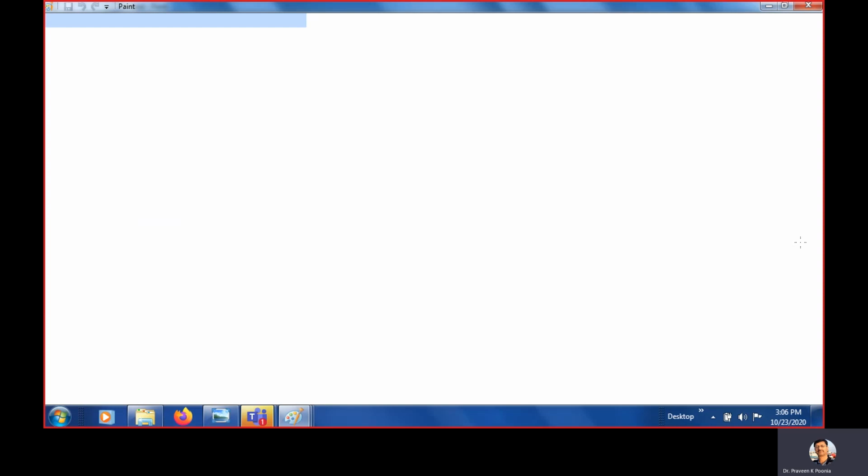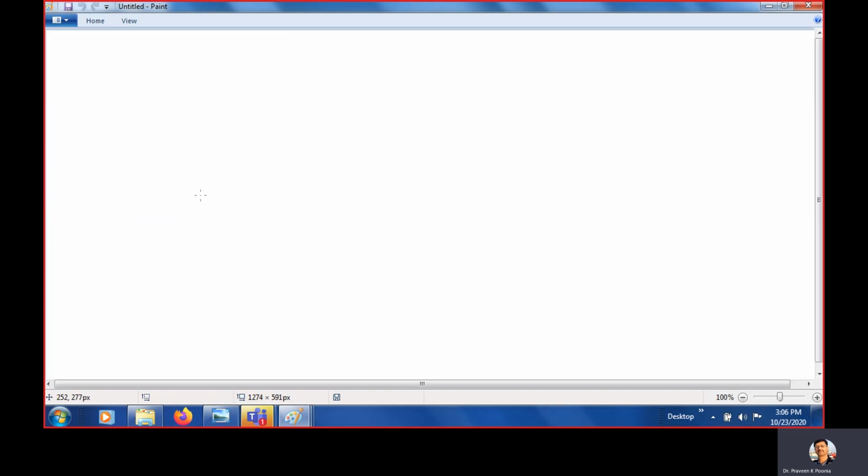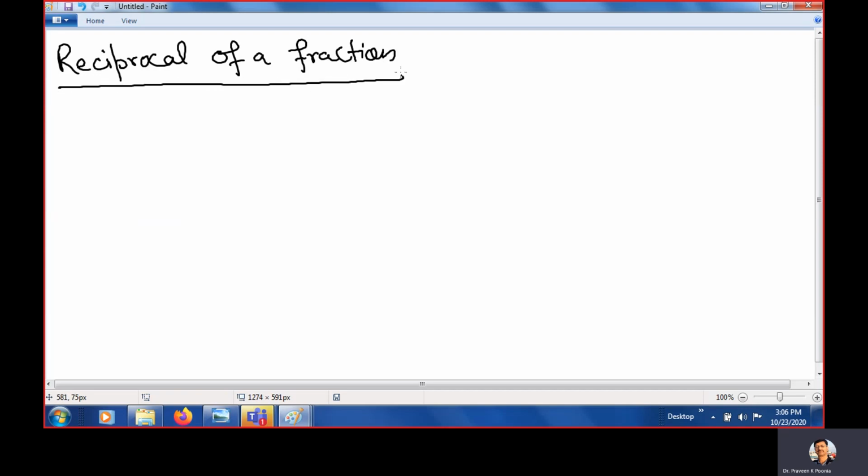Now the last topic in this category is the reciprocal of a fraction. What do you mean by reciprocal? Let A upon B be any fraction.